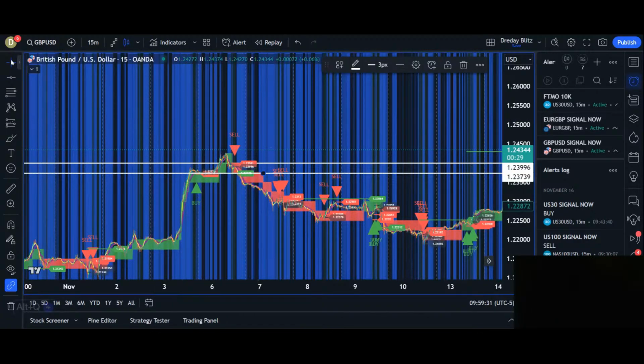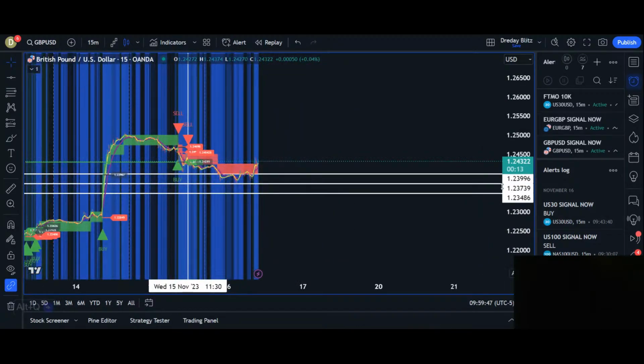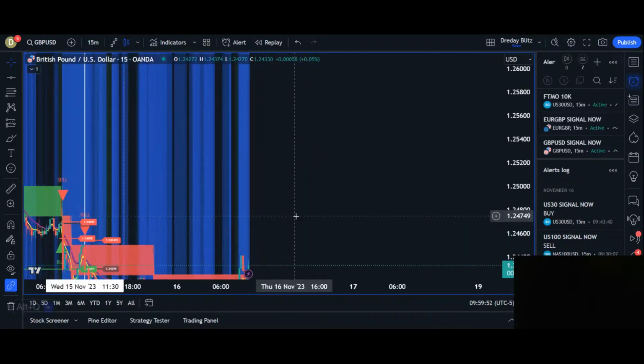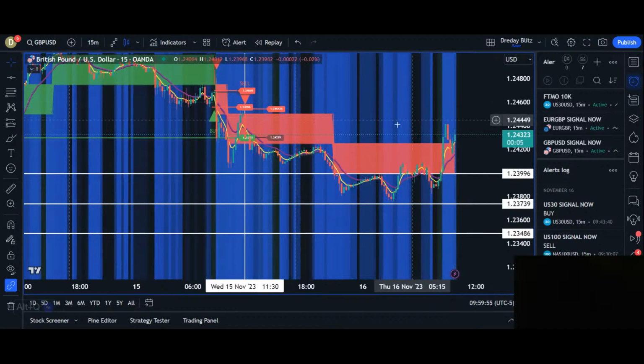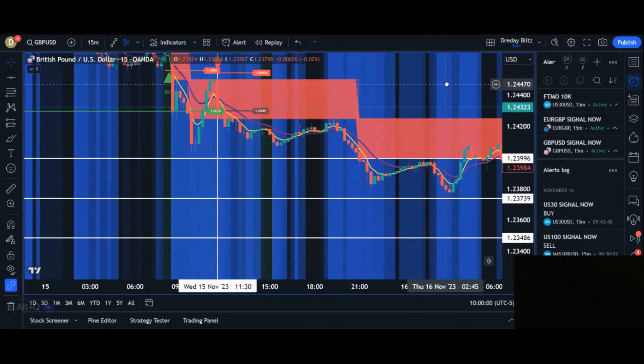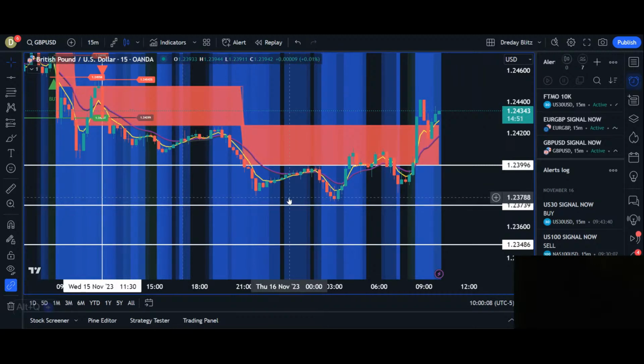So we have this zone right here. I'm just going to put only two so we could see it clearly. Let's zoom in. So your first TP will be here. Second TP will be here. And as you can see, it almost went to the second take profit zone.